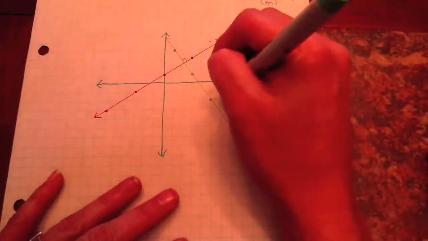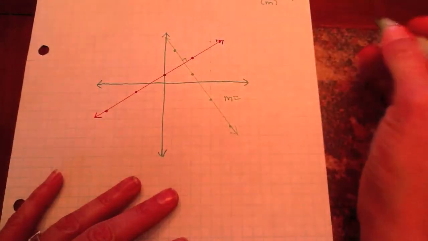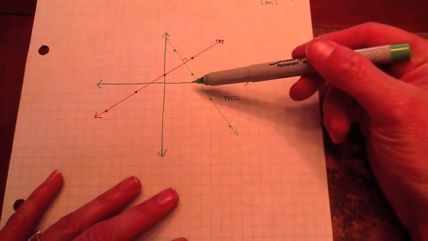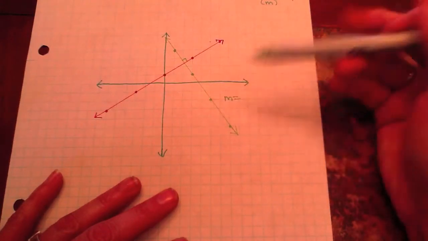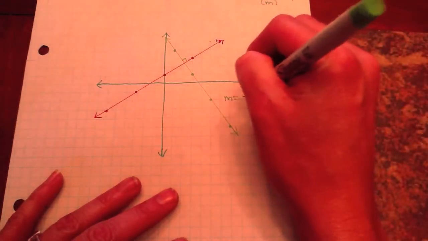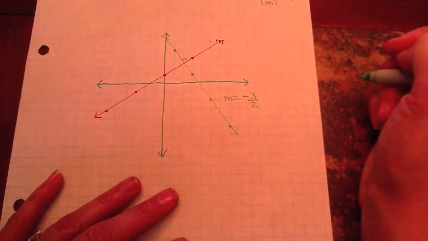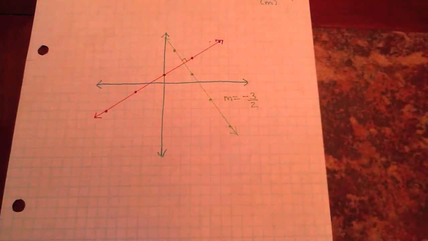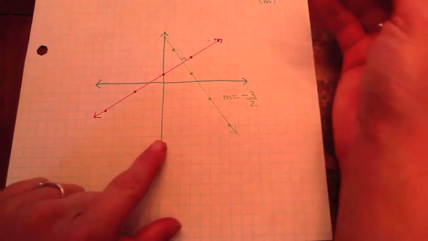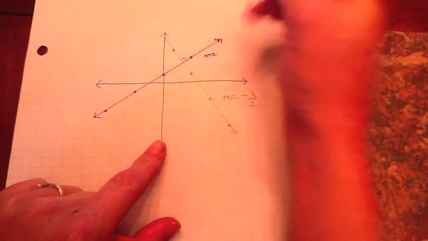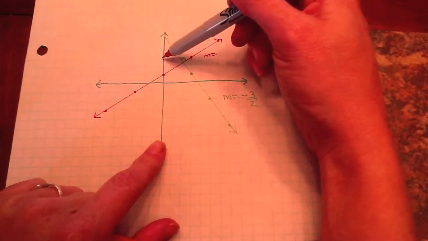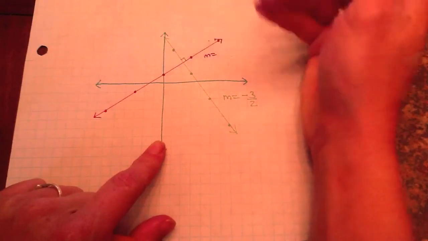In green, let's count out our slope. In green, we go down 3, right 2. So down 3, right 2. If we look at our red slope, we end up going up 2, right 3.